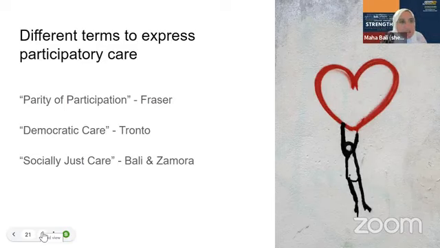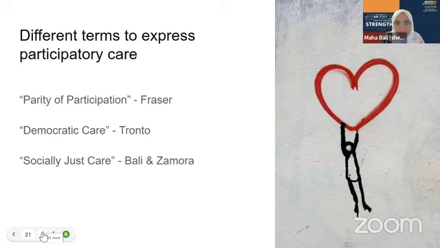We're close to finishing up this part talking about care, and honestly, every teacher, especially in K-12 and informal education, I feel does have care. In higher education, it varies because sometimes professors are more into research than caring for their students. But the key thing we're talking about here, again, is participatory care. There are different terms used by different scholars about this.